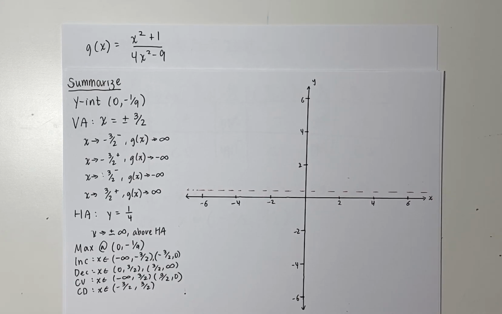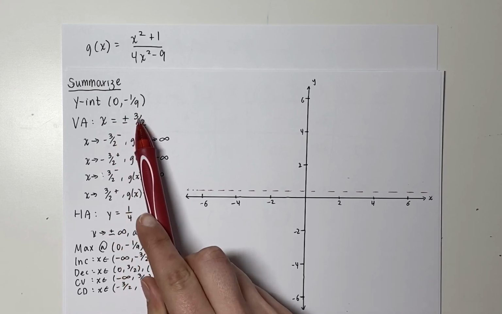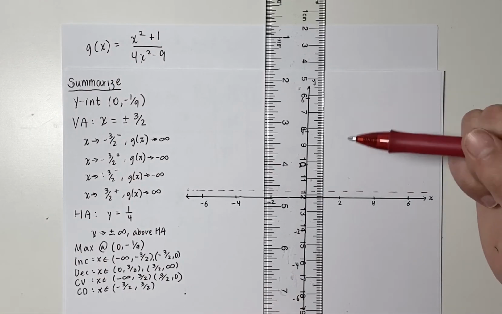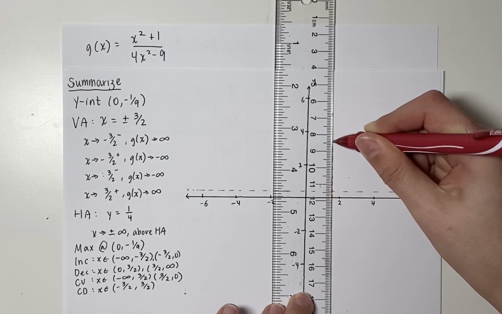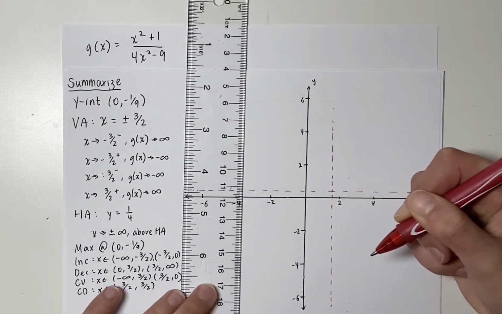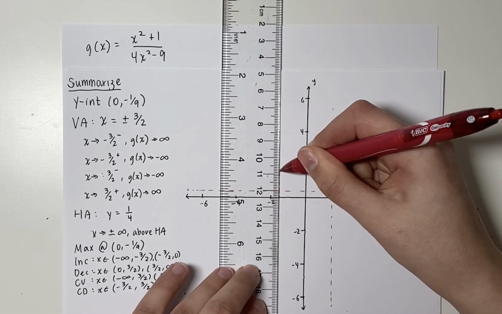Then we're going to draw our vertical asymptotes, which we have 2, at x equals 3 over 2 and x equals negative 3 over 2.